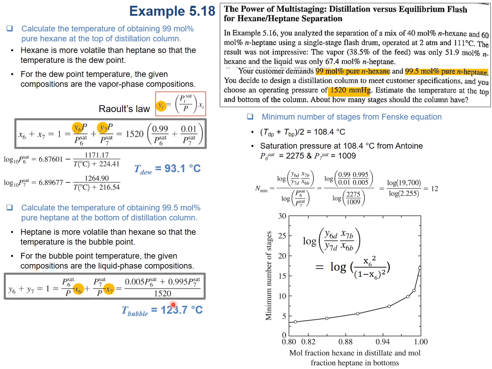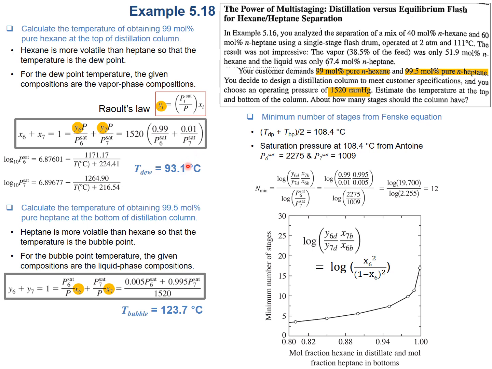Before calculating the separation factor for this distillation tower, we need to calculate the saturation pressures, as for the single stage flash drum. For calculating the value for the denominator, we will use the average temperature between the dew point and bubble point.